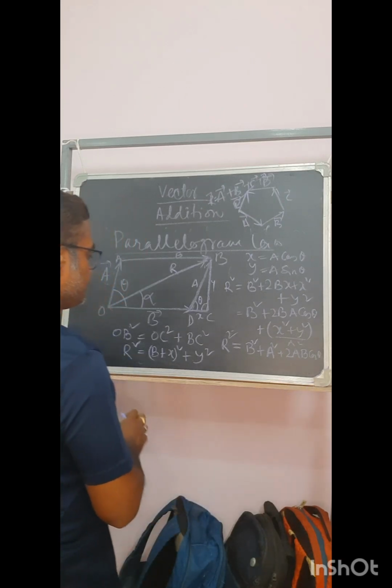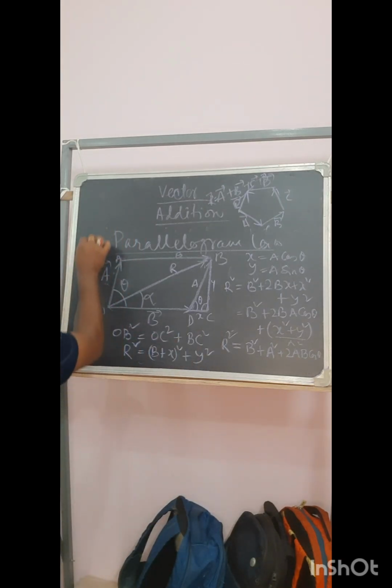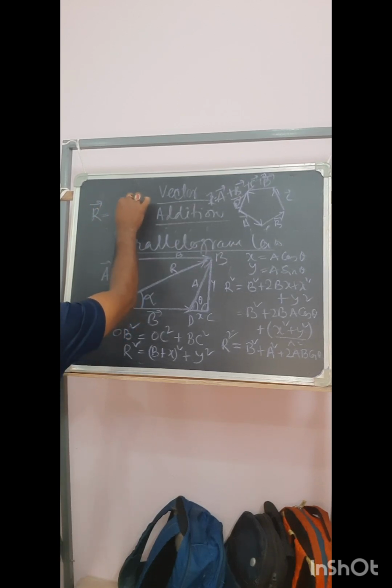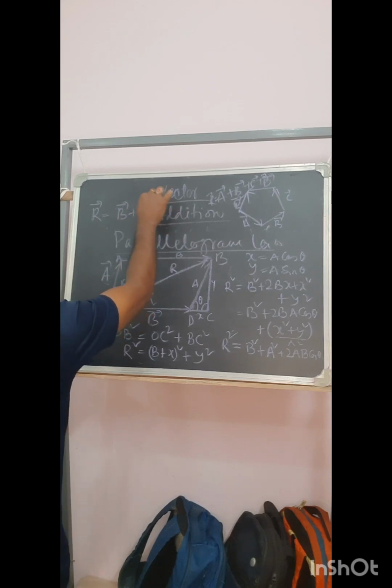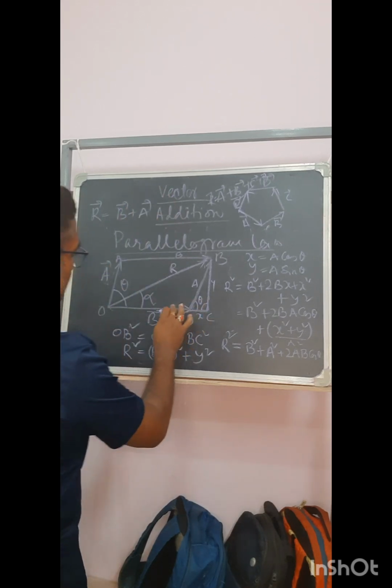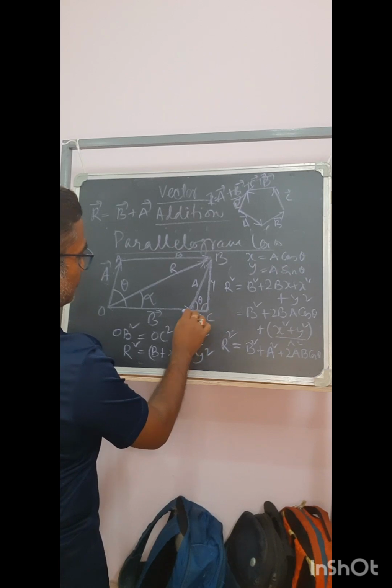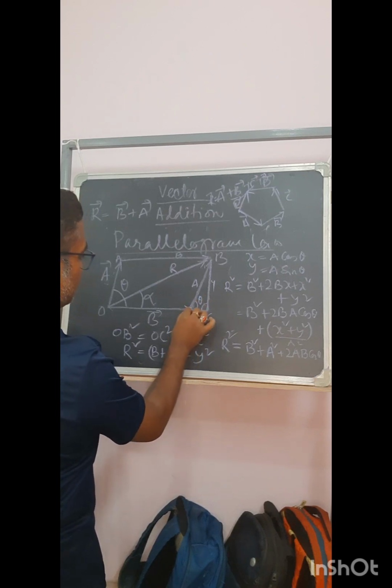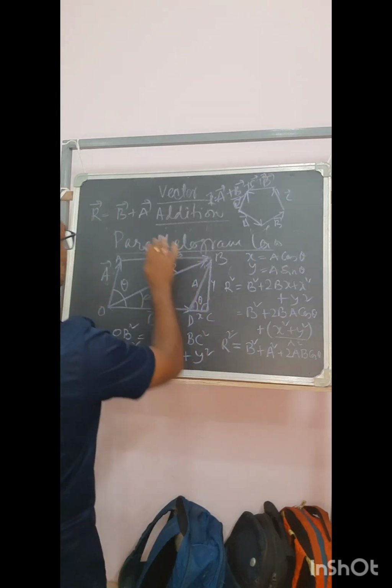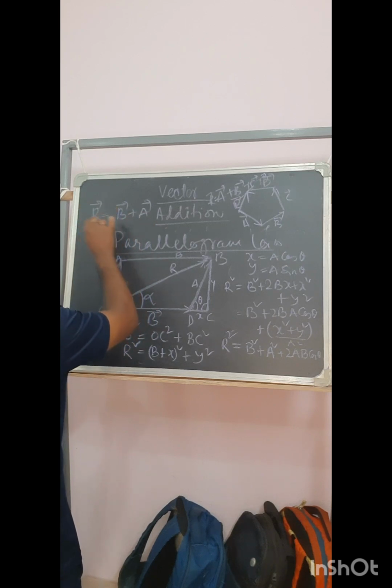Okay, but mathematically you can say, because I have shown that the resultant is, for the triangle, B vector plus A vector. But B vector and A vector are acting at some angle theta, because if I extend it, it will extend, and this is the vectorial representation.